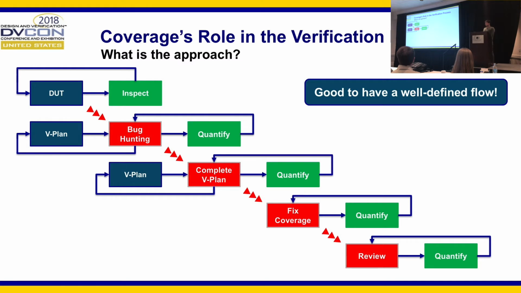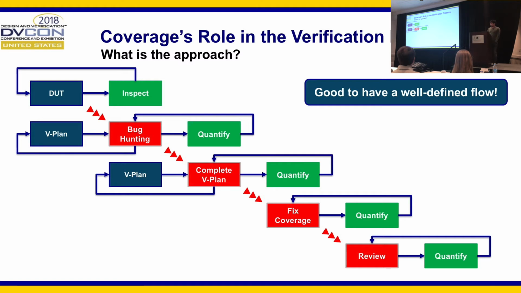While you're writing checks to verify bullets in your verification plan, you at the same time tick items off in the plan, and you can do that on a daily or weekly basis. When you have some results, meaning checks that are proven for a bullet in your verification plan, you run the coverage tool on top of the assertions you have. In this manner you do bug hunting, and you also get a sense of how much your checks cover in your design.